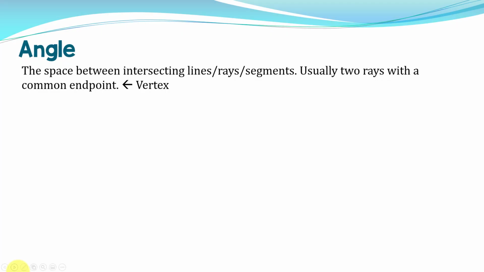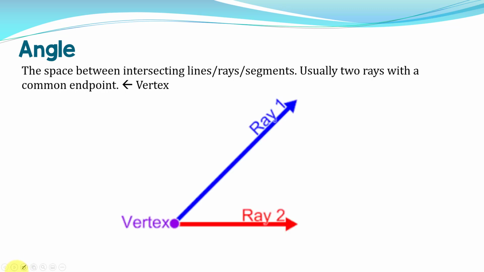All right, so an angle is the space between intersecting lines, rays, and segments. Usually two rays with a common endpoint, which we call the vertex. So the angle is this space in between here. All of this is the angle. And it has two sides. Those are typically seen as rays, and then your vertex.